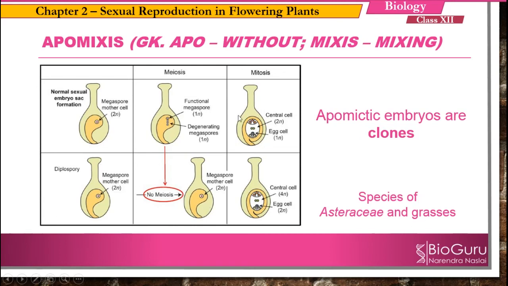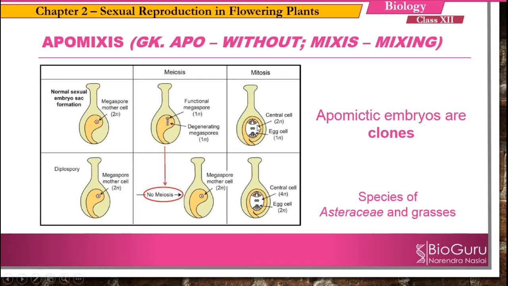Let us see the normal process. In a normal embryo sac, we know that the megaspore mother cell is present, which is diploid and undergoes meiosis. After meiosis, a megaspore tetrad, meaning 4 megaspores, is generated. Out of that, 3 degenerate and only 1 becomes functional. From there, it undergoes mitotic nuclear division, forming the 7-celled, 8-nucleated embryo sac that we studied in our previous video.